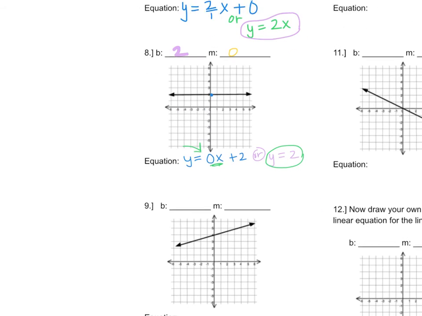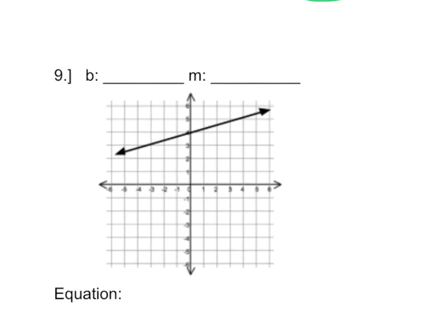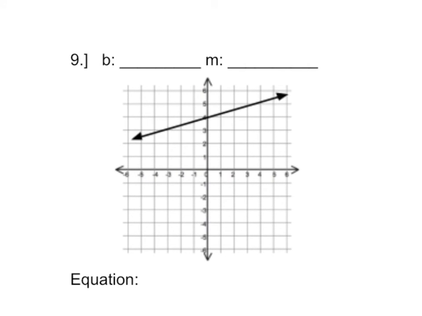All right, let's go to 9. Begin at the b. B is right here. Boom. The B is at 4. Now find the good points. So go along the line and find good points here and here.